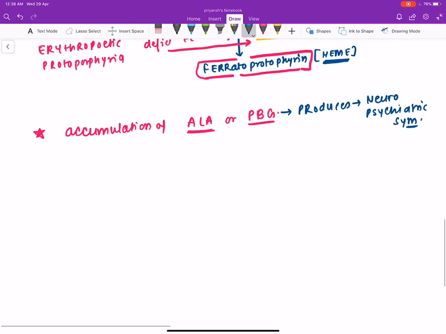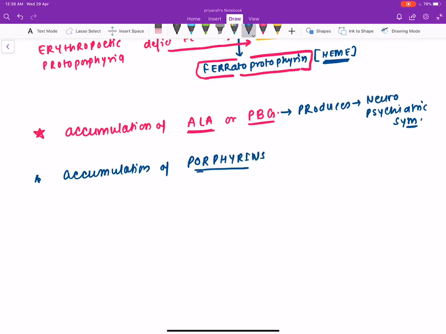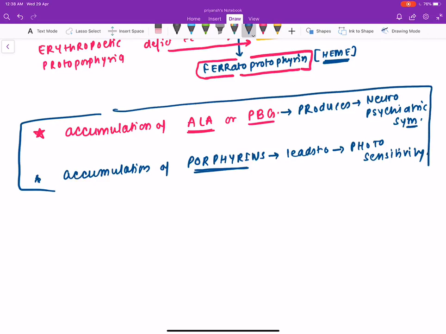Whereas accumulation of porphyrins leads to cutaneous symptoms such as photosensitivity. Neuropsychiatric symptom is due to presence of ALA or PBG.